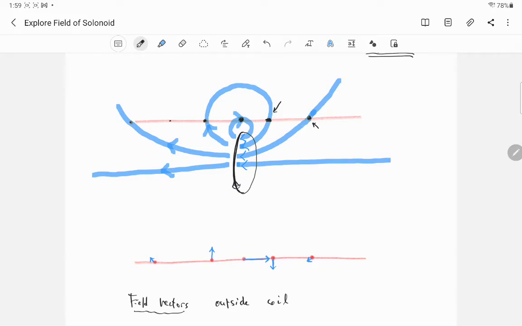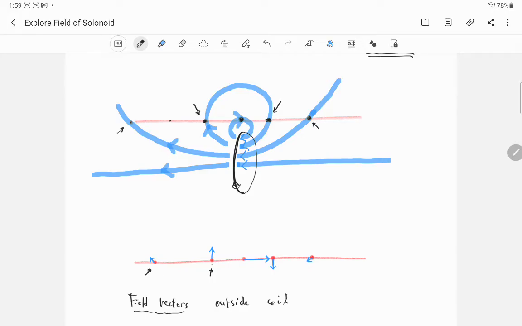But it's a place of very low density of field lines. So this is the weakest, the smallest magnetic field vector I'm going to draw. And likewise, this one here gets drawn here, and this one here gets drawn here. And you can see how the arrows go.